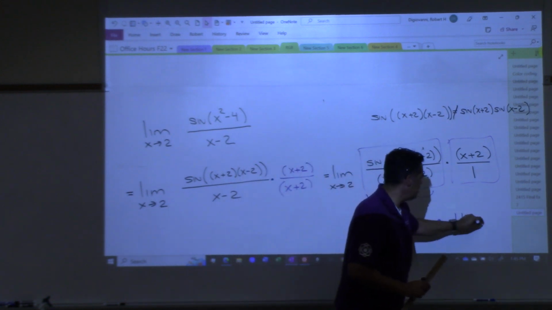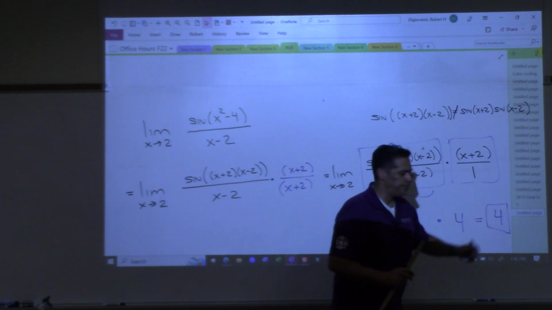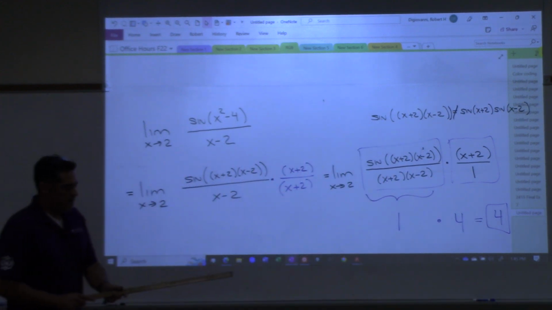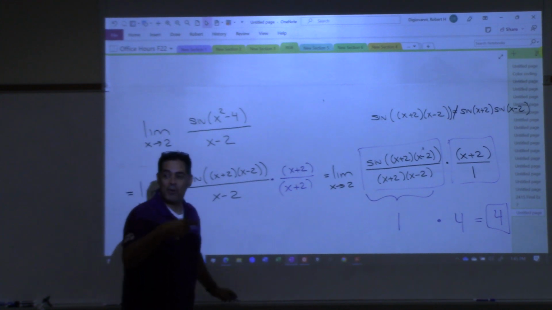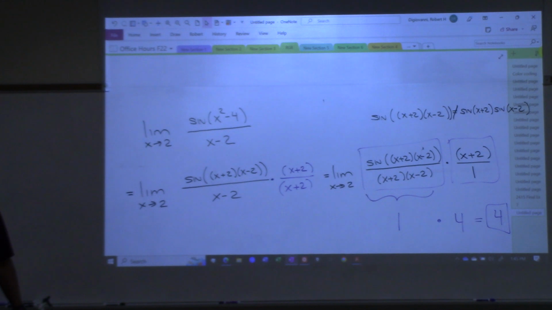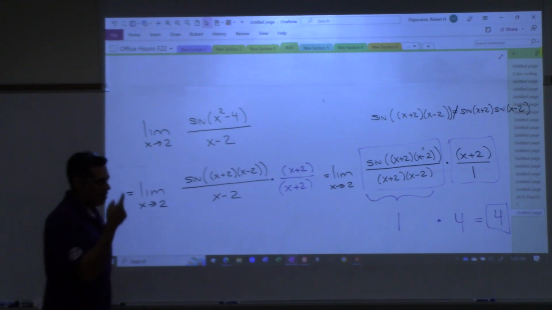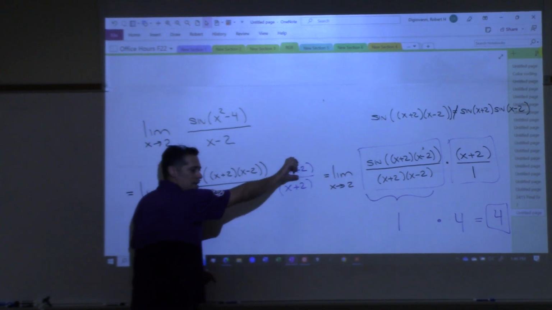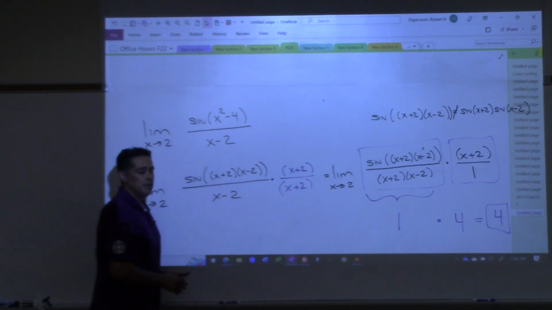So my answer is 4. Remember I said algebra tricks? There's a trick: I introduced the thing I needed. I thought about what would make this thing work if I had an x plus 2. Okay, let me introduce it on the top and bottom.